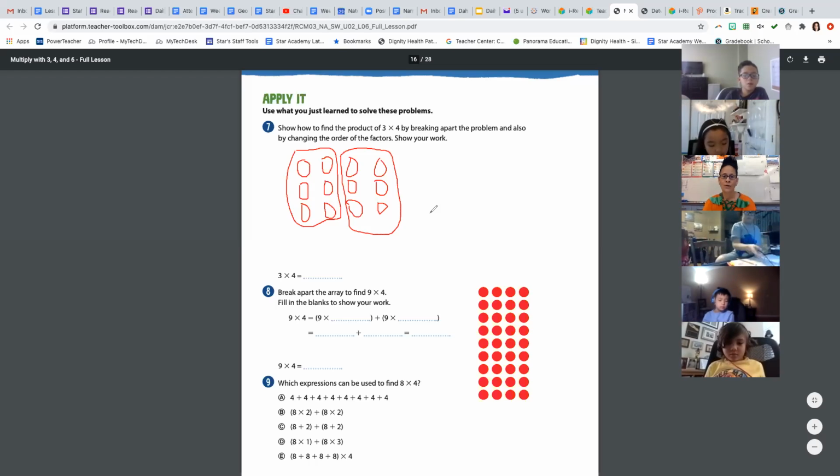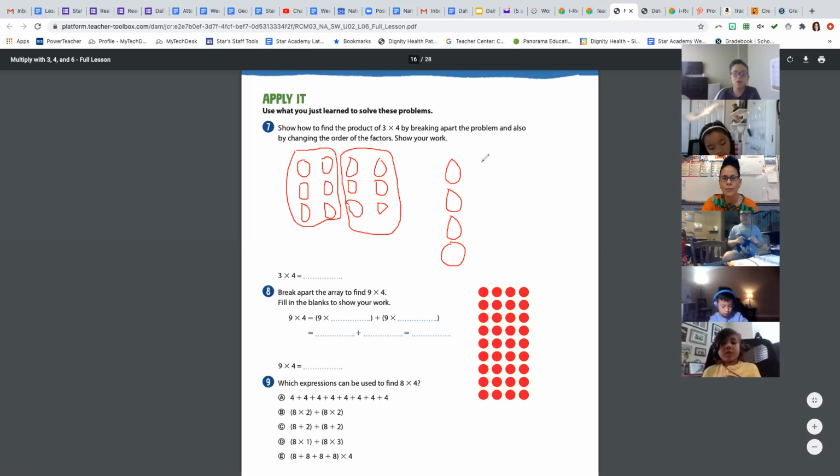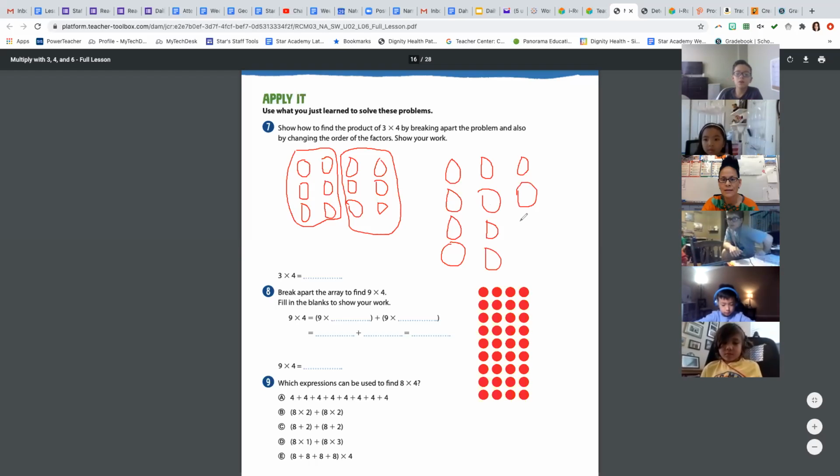And then we also were asked to take that array and tip it on its side. When we do that, we end up with not 3 rows, but 4. Again, a very slow, messy annotation tool, but I definitely want to show you what is happening here.